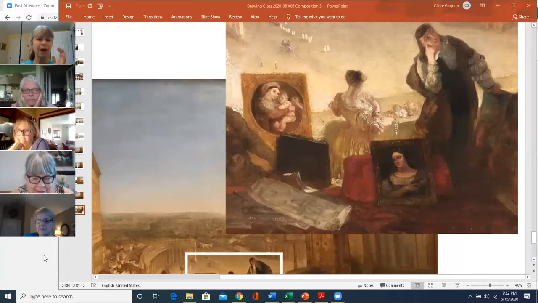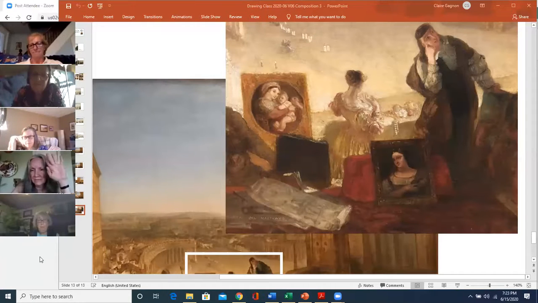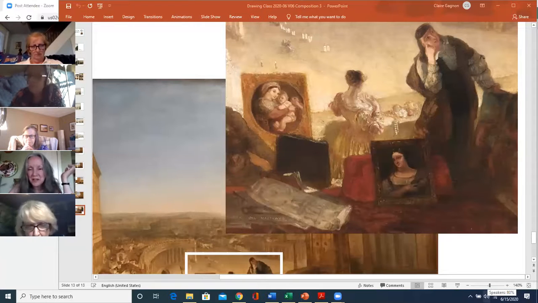So does anyone have any other question or would like to see one part of this? So Michelle, your hand is up. I was wondering, I noticed under the white sheets of paper, which I assume are sketches, did he print something underneath?